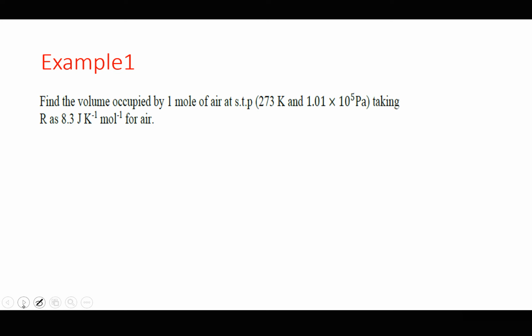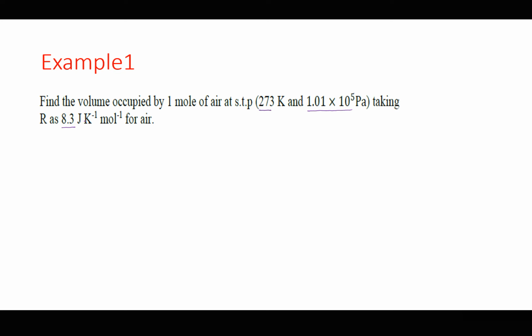Taking STP, they have given us the temperature to be 273, the pressure to be 1.01 times 10^5, and the molar gas constant as 8.3 joules per Kelvin per mole for air. So we want to calculate the volume occupied by 1 mole of air at STP.